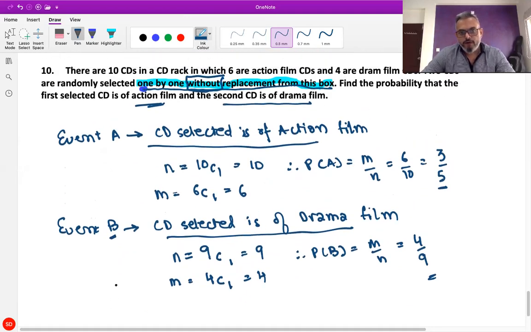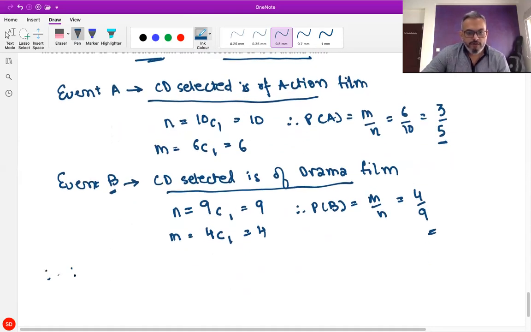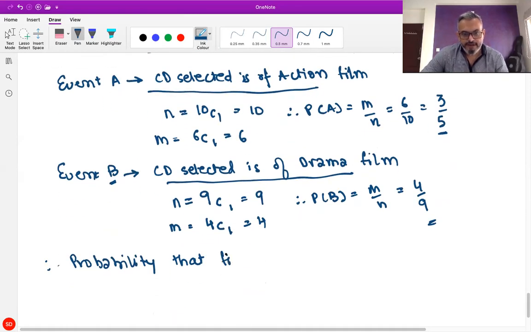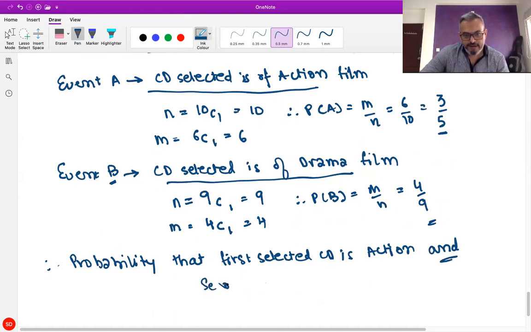So now what we have to find: therefore probability that first selected CD is action and second selected is drama.